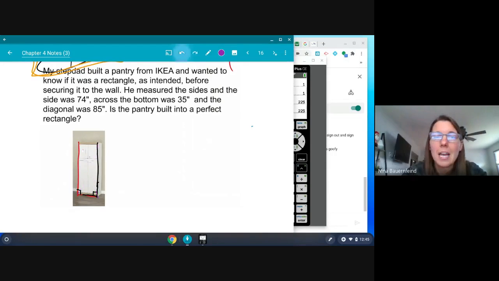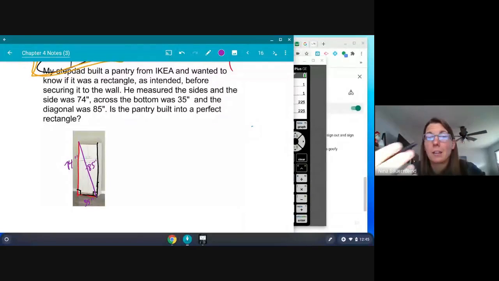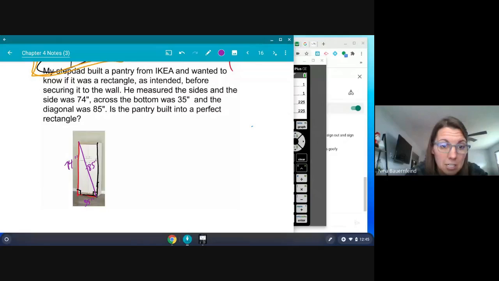But let's say we were just feeling crazy. And 74 inches was the distance up the side and the bottom was 35 inches. And then we just measured the one diagonal, which is 85. We could check to see if it actually is a right angle here by seeing if this forms a right triangle. So what we could have done, and we didn't, we just measured both diagonals.